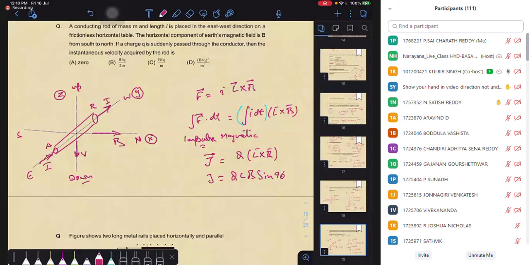The second way is you can use ijk, take the help of ijk.